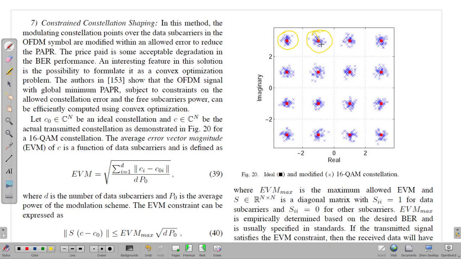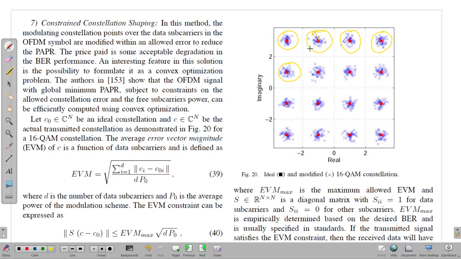Of course, if you increase the distance too much, then it might interfere with the neighboring symbol. You can see that the feasible regions are near the original constellation points, and there is a particular radius within which the feasible region is distributed.